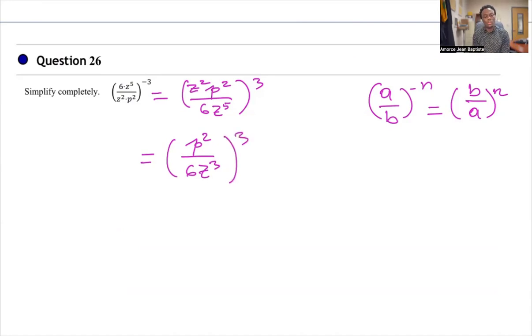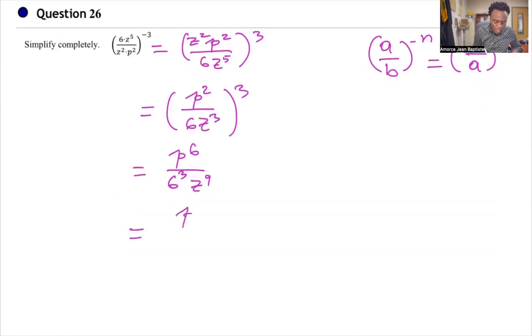And now we can distribute after we simplify. So that is p to the 6 over 6 to the third z to the 9. 6 to the third would be what? That's 6 times 6 times 6, that's 216 z to the 9.